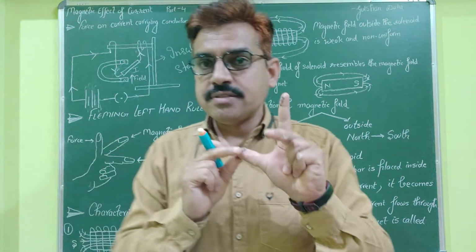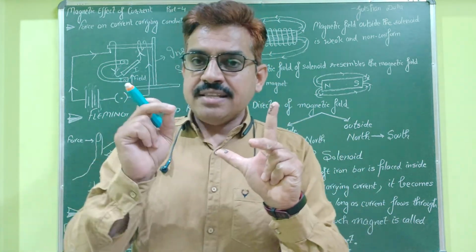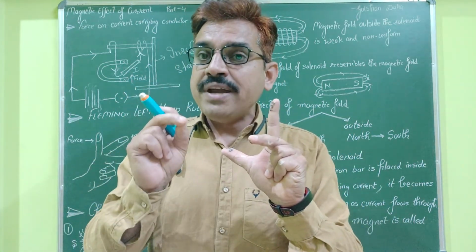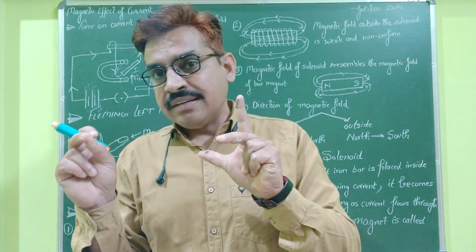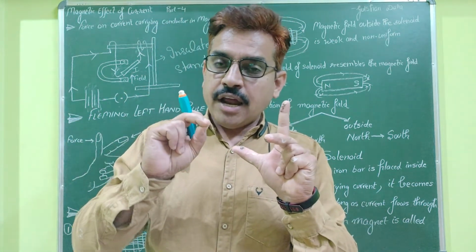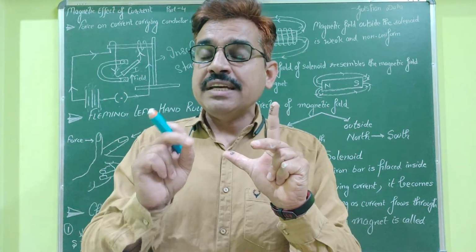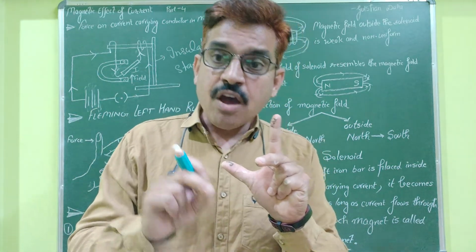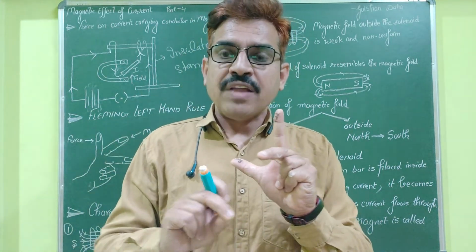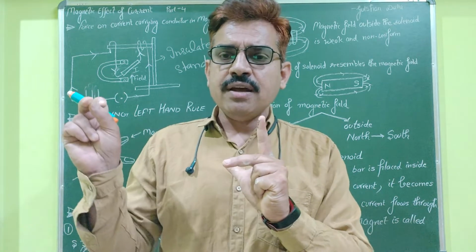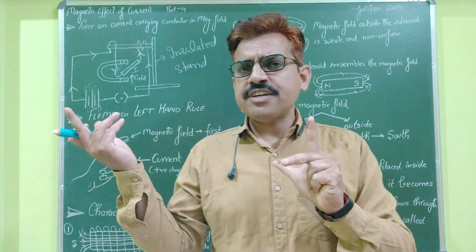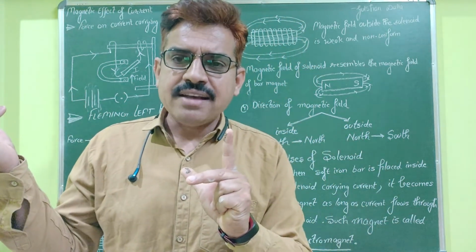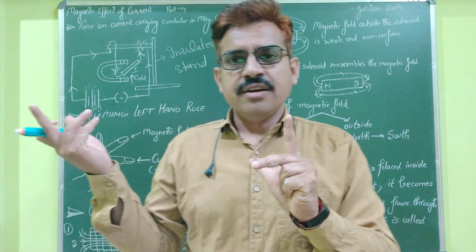So this is a special case. Never just think of the movement of an electron along the x-axis. You have to think whether the electron is moving or the positive charge is moving. If the positive charge is moving, it is okay, because its direction is the same as the direction of the current.